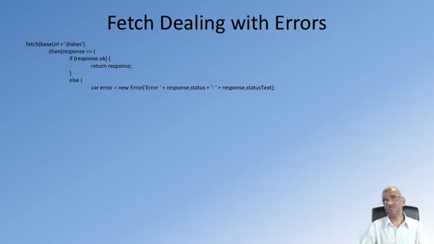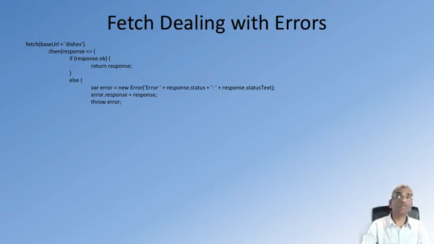So for example, if you receive 404, the else part should be executed because the response.ok will be set to false. So the else part will be executed, and there you will construct an error object as shown here. You can extract the status text and the status code from the response, and then construct an error message string as shown here, and then you can put that into the error object.